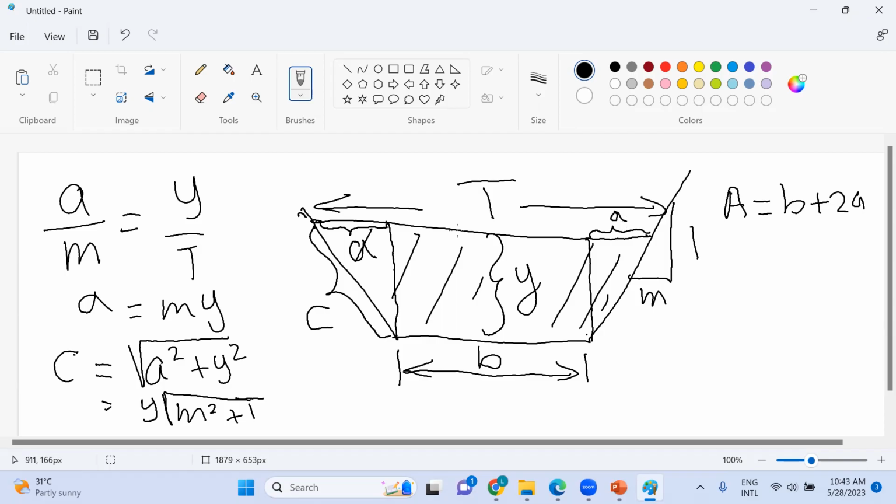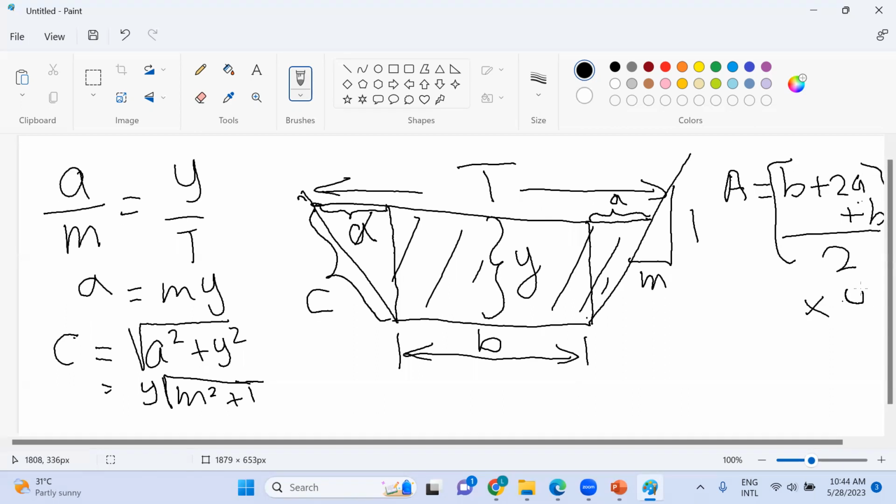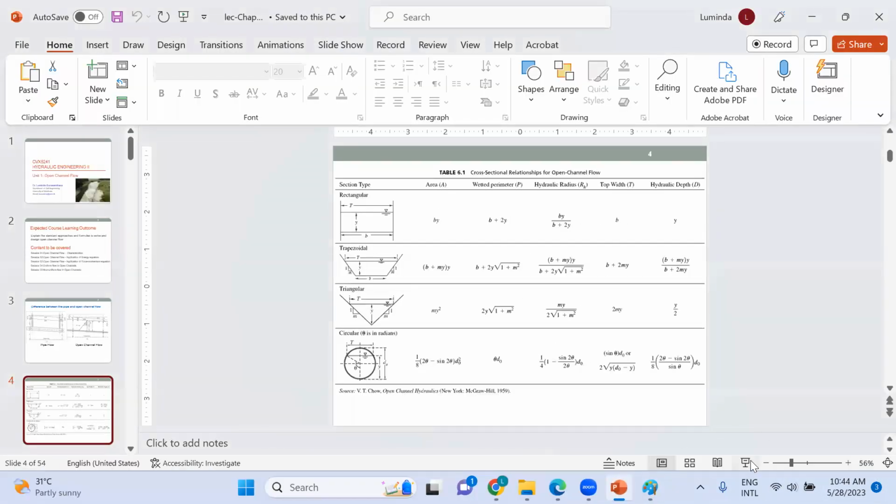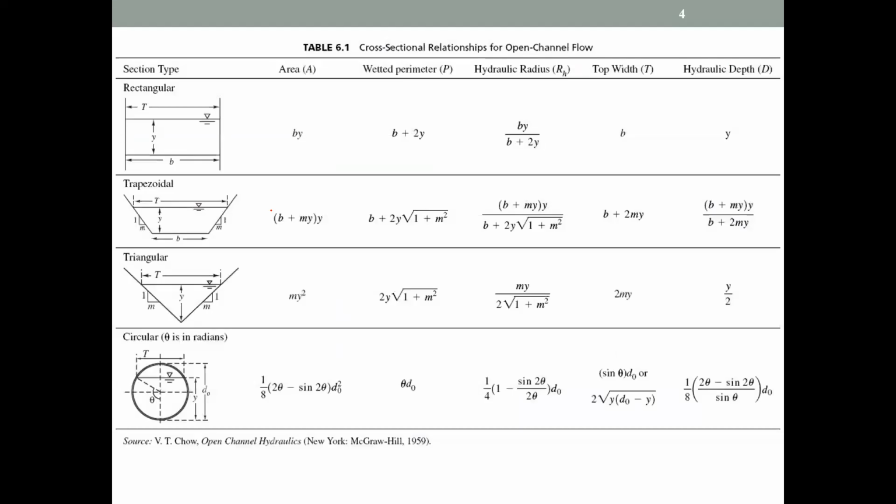So B plus 2 times of A plus again B, divided by 2, then the entire thing you can multiply by the height, right? So substitute these parameters, then you should be able to get this equation here. This is the equation for the area. I expect you to try for this one and this one.